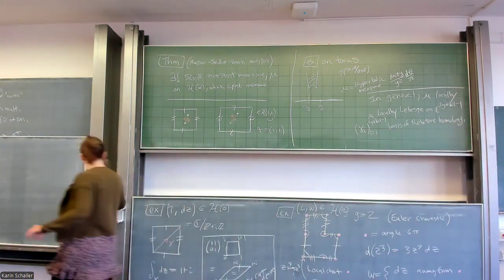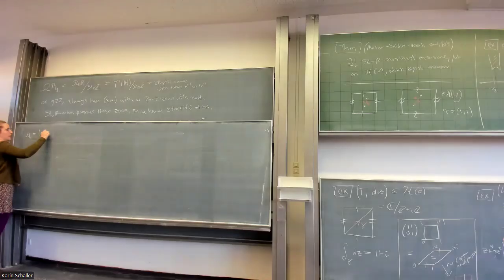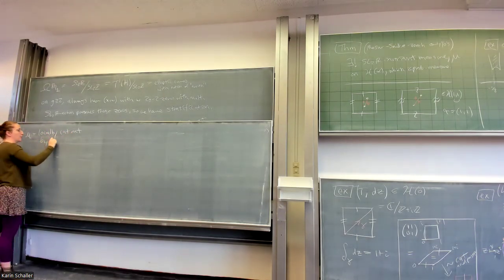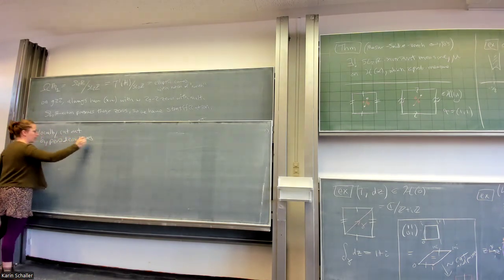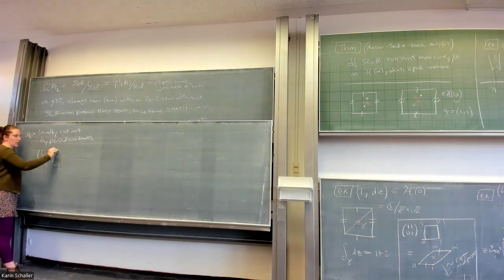Okay, so the measure mu is locally cut out by period coordinates, which means I want to take the integral over my basis of homology of my one form, for I equals 1 to 2G plus the length of alpha minus 1.